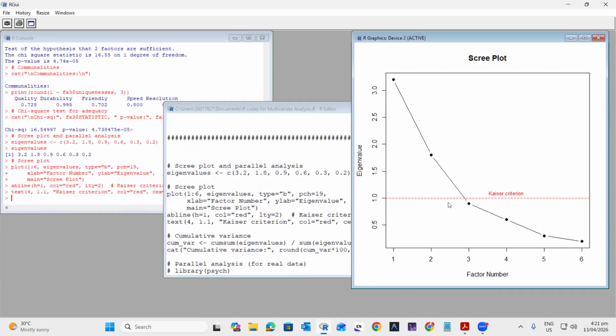Factor 3 has an eigenvalue of 0.9, which is below 1, so we will not retain it by the Kaiser rule, and factors 4, 5, 6 are all below 1 and will also be discarded. So the Kaiser criterion recommends only two factors here, and the scree elbow between factor 2 and factor 3 confirms the two factors solution.